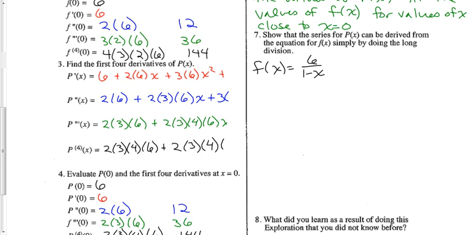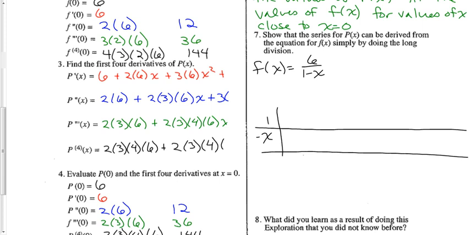I, of course, am going to do division with the boxes. You're welcome to do long division or synthetic division if you would like, as long as you know how to do it. So I'm going to divide 1 minus x into 6.